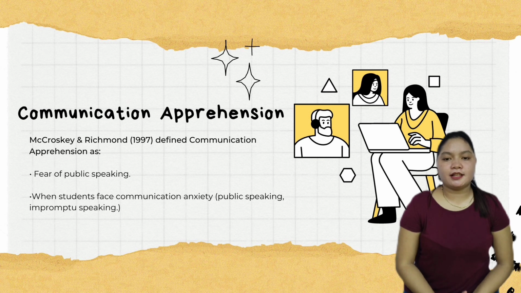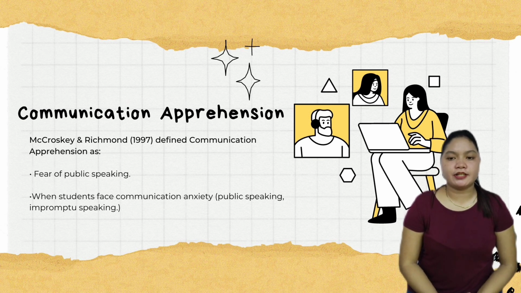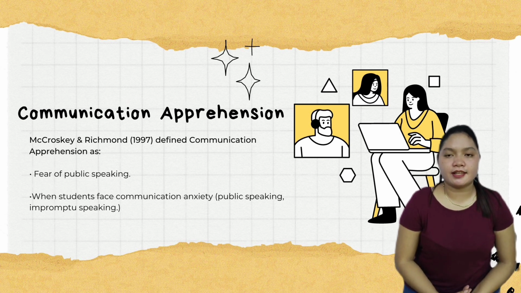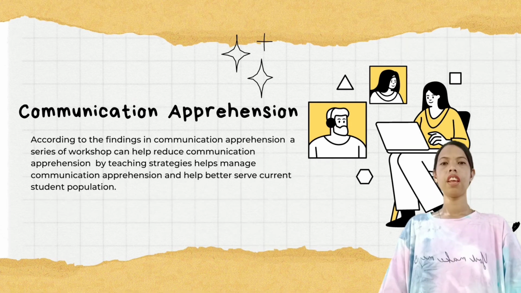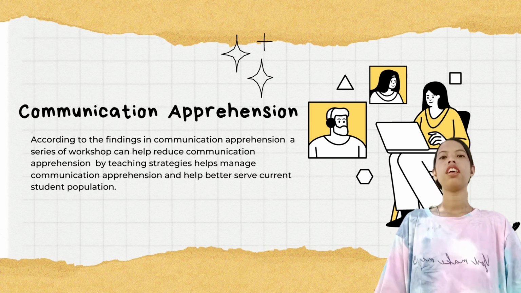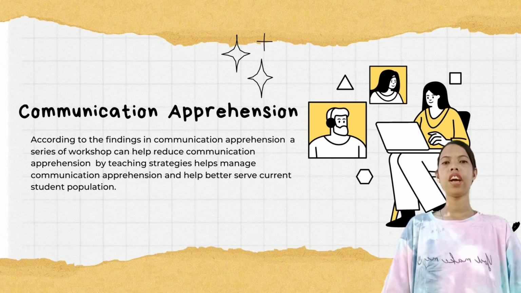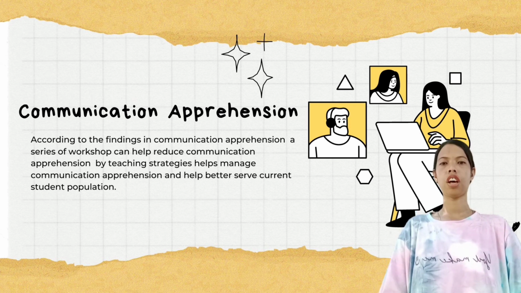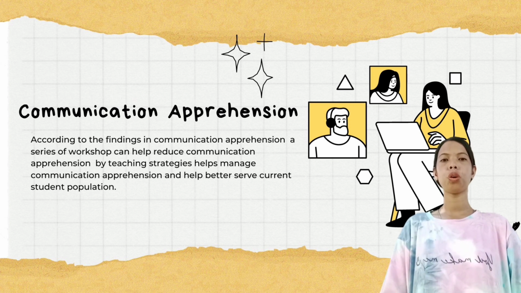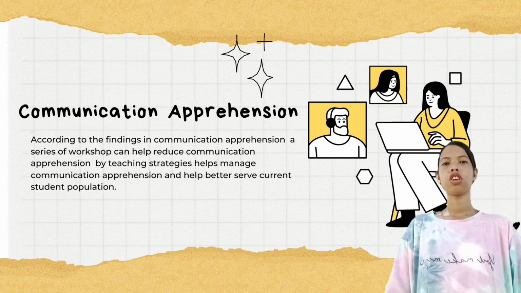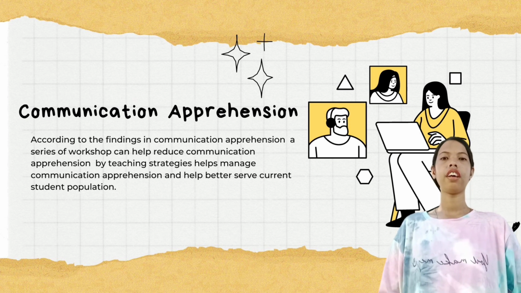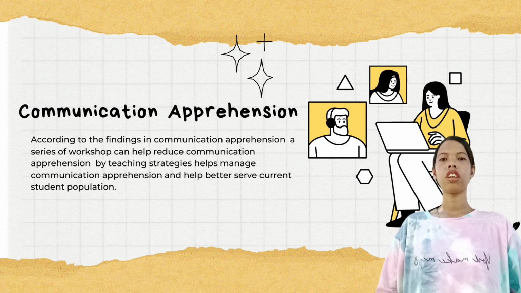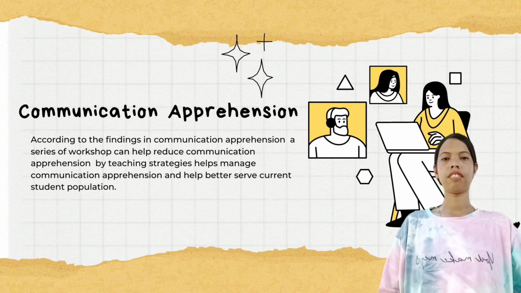In public, this pressure is not confined to the language learner, but also extends into other contexts. According to the findings on communication apprehension, a series of workshops can help reduce it by teaching strategies that help manage communication apprehension, and help better serve the current student population.